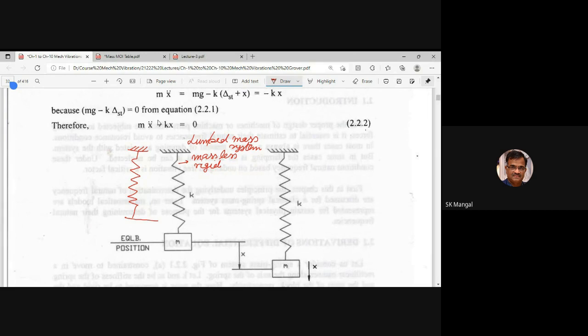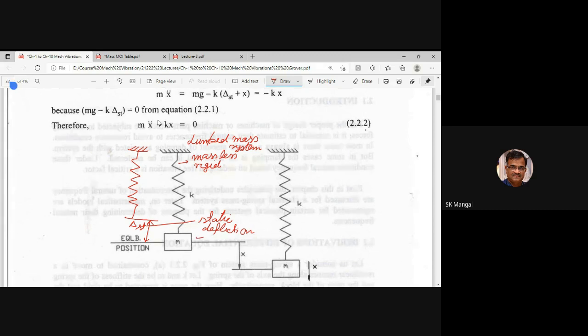So when I put a mass M on the spring, it is stretched by this much amount. This is known as delta st, and delta st is known as the static deflection. When I put the mass M on this, it has become this figure.